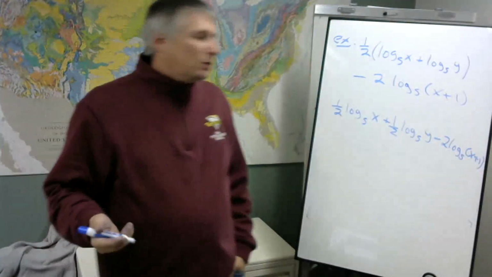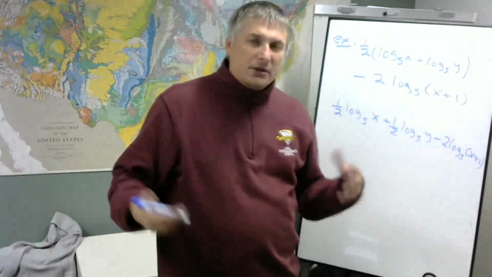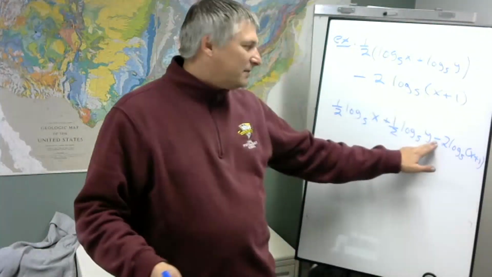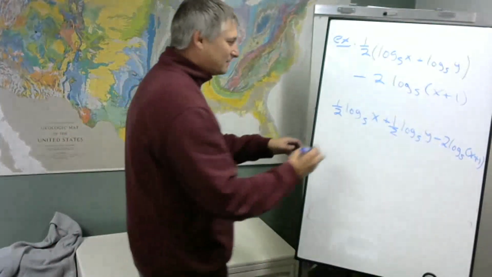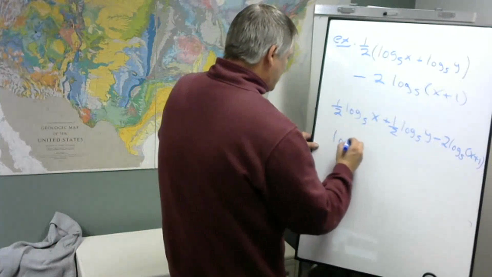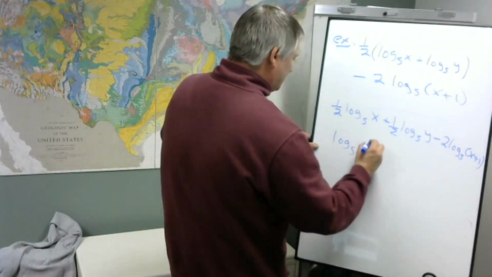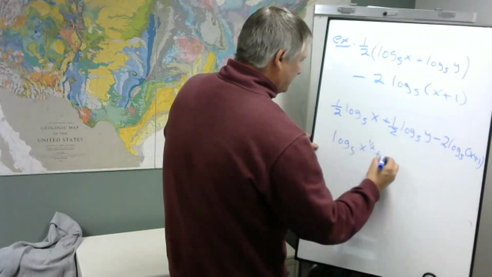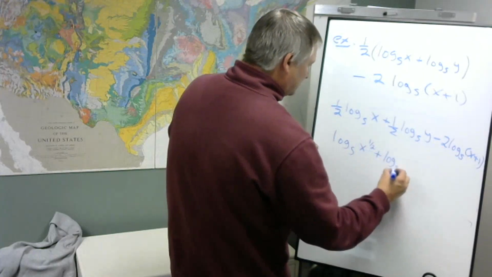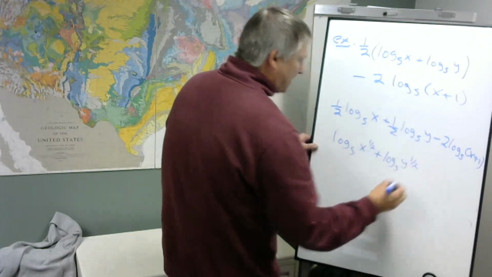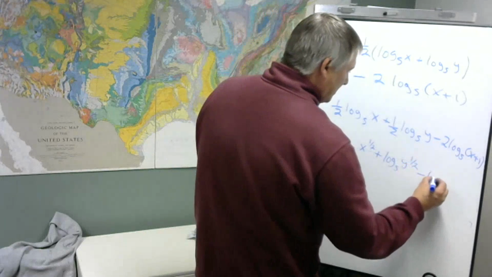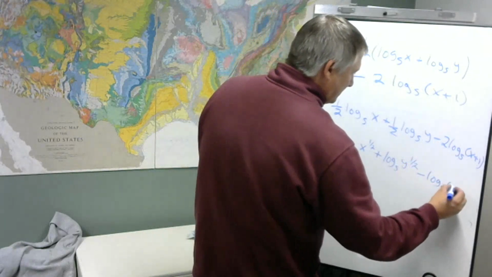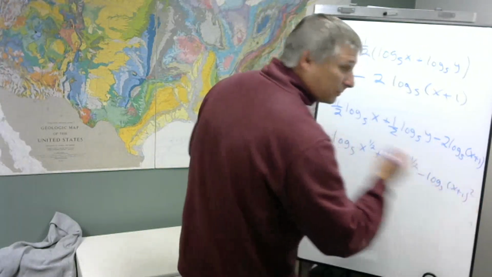And now let's deal with these numbers in front of the logs. They're going to become exponents, and let's leave the sign here. So we get log base 5 x to the 1/2 plus log base 5 y to the 1/2 minus log base 5 x plus 1 squared.